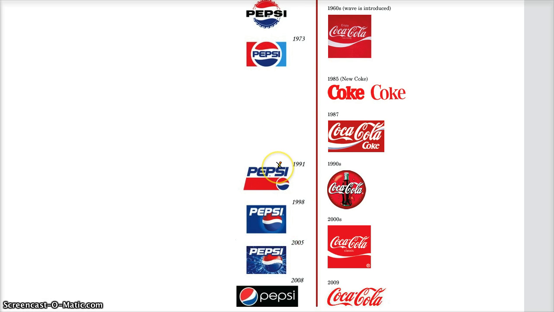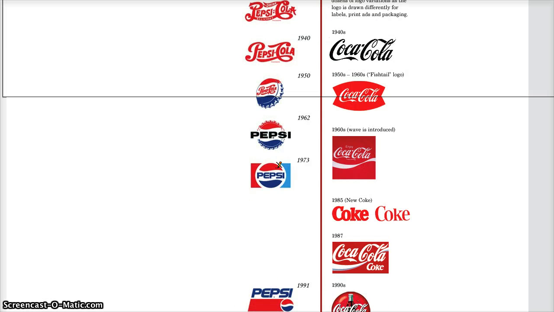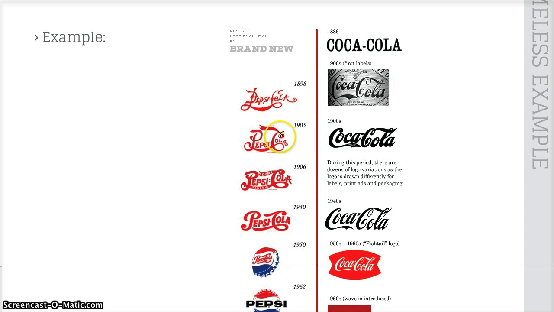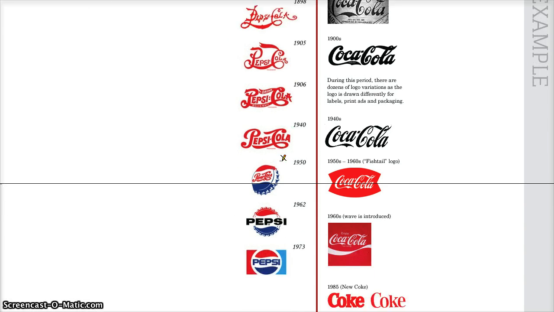With the Pepsi, let me scroll right back to the top. With the Pepsi, we started so different. It looks totally different than it does now. You start with the Pepsi, still keeping this kind of bow, a ribbon action going on there.